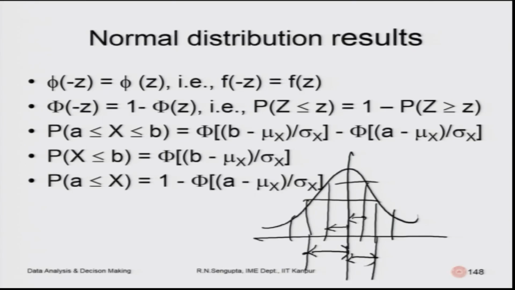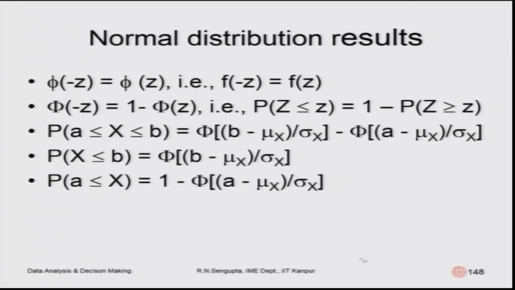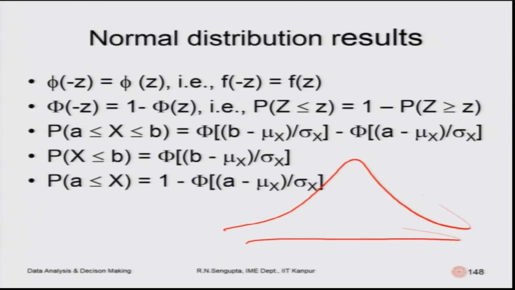Now the corresponding capital phi of minus z. Let me delete this, I am taking the pen. So, if this is z, minus z is here. If I find this, this would be all the values from minus infinity to plus infinity.